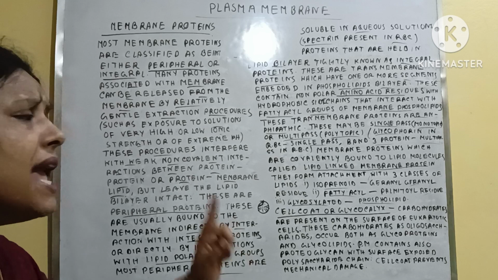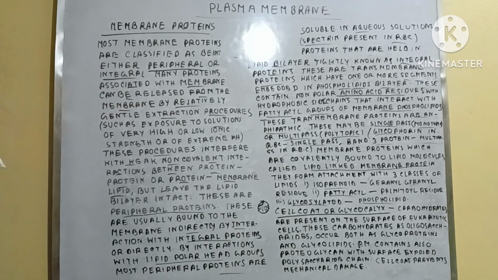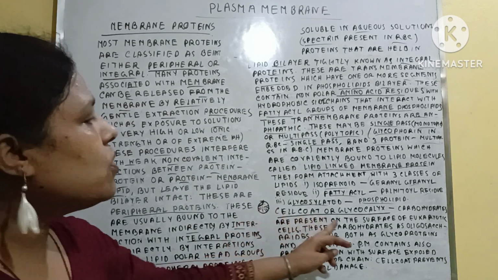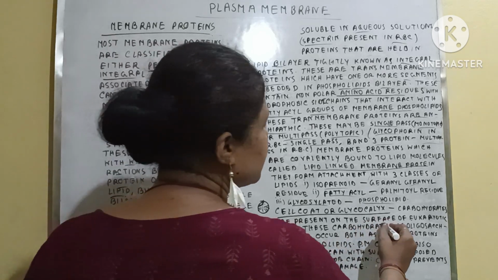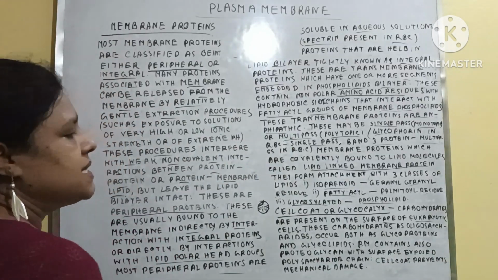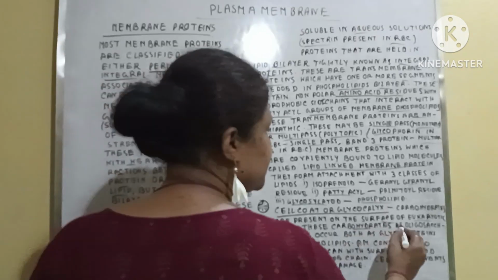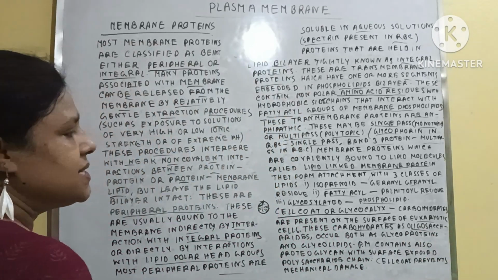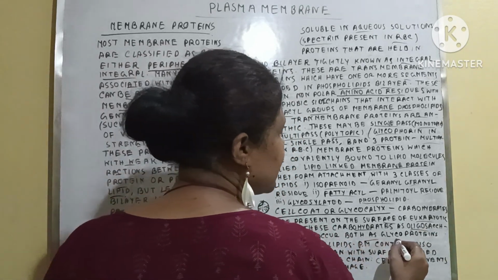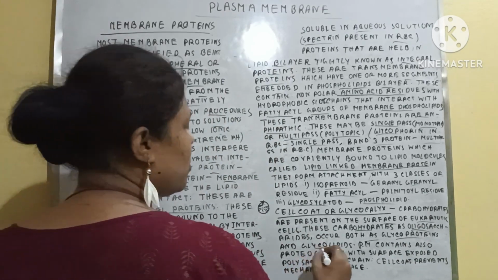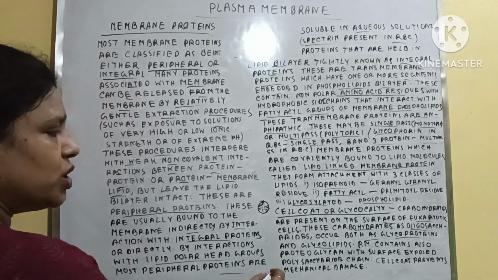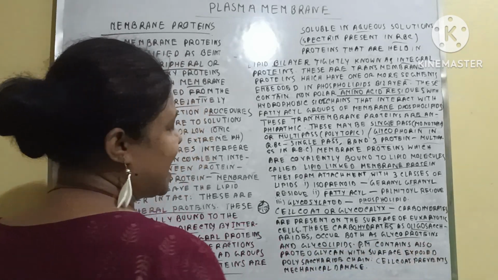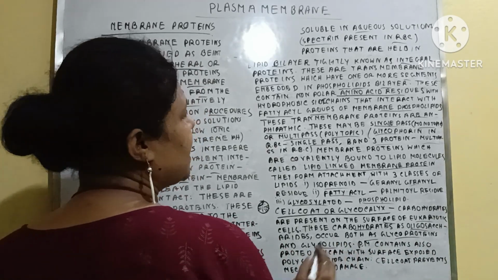Next, another very important topic is the cell coat, or glycocalyx. These are carbohydrate chains present on the surface of eukaryotic cells, generally oligosaccharides, occurring both as glycoproteins and glycolipids. The plasma membrane also contains proteoglycans with surface-exposed polysaccharide chains.